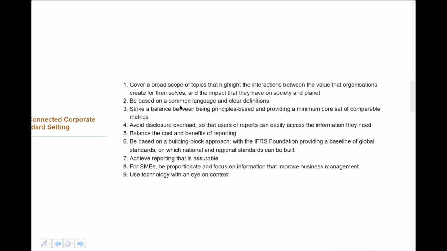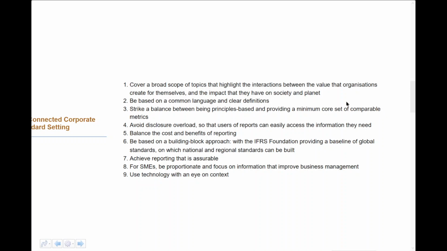Next point here is, be based on a common language and clear definitions. What we don't need within reports, according to the ACCA, is any sort of ambiguity. Use understandable, simple, common language and clear definitions. In terms of number 3, they suggest that reporting should have some balance between principles-based, for example in relation to corporate governance, and providing a minimum core set of comparable metrics.